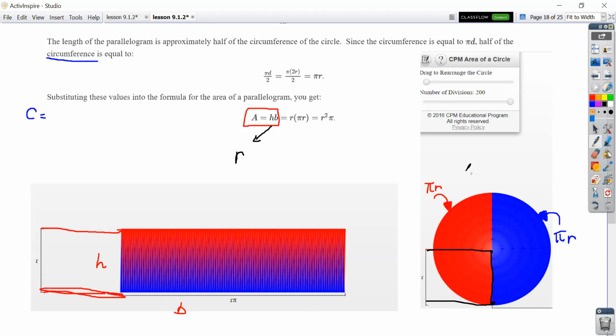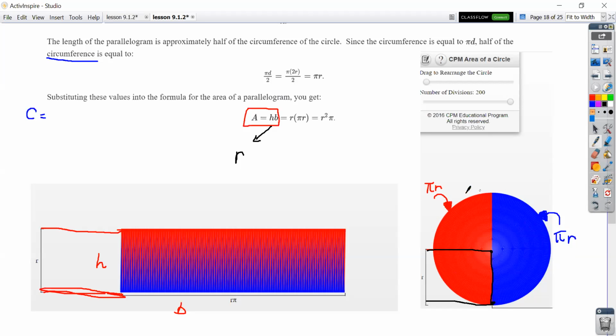Remember, we learned the circumference before. Circumference is the distance around the circle. So half of the circle is blue. The distance around the blue is pi times radius. Half of the red distance right there.